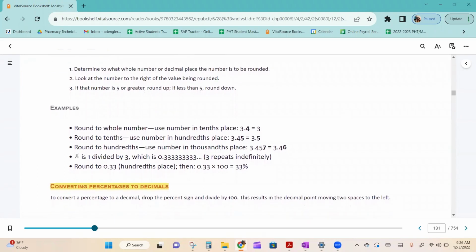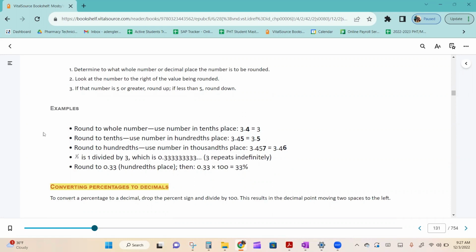So for instance, here in this first example, round to a whole number. They had the number 3.4. Using these rules, they wanted it just to be a whole number. So next to the 3 is a 4, so we would round down. So that would be 3.